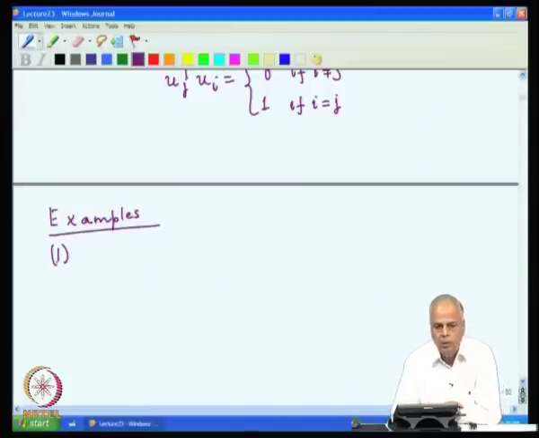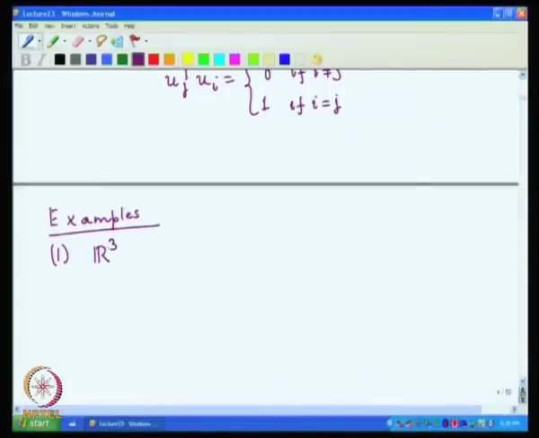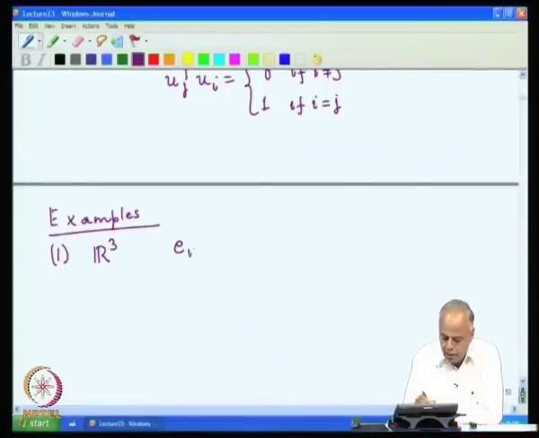Since this notion of orthonormality is a generalization of the i, j, k vectors, the i, j, k vectors come out as the first natural example of orthonormal sets. So, we have R^3.